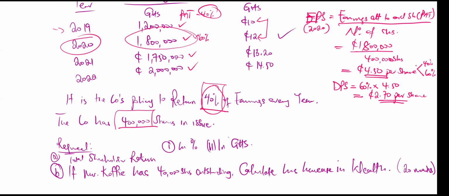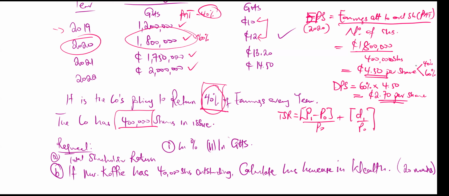Now, what do we need? We need our total shareholder return in percentage. And we know total shareholder return is given as our price today minus price yesterday, all over price yesterday, plus dividend yield, which is our dividend today over our price yesterday.